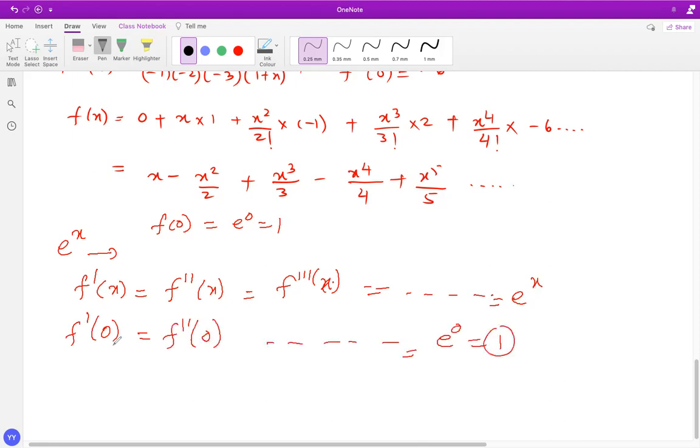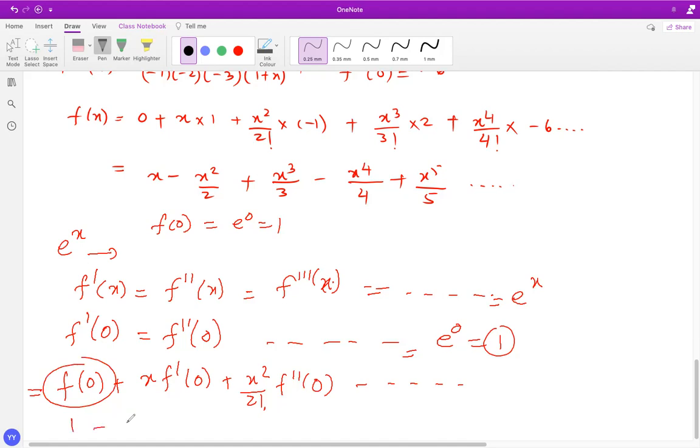So when you generalize the formula, f of 0 plus x times f dash 0 plus x squared over 2 factorial times f double dash 0 and so on, what you get is 1 plus x plus x squared over 2 factorial plus, and so on. So this is how you write the Maclaurin series for e raised to x.